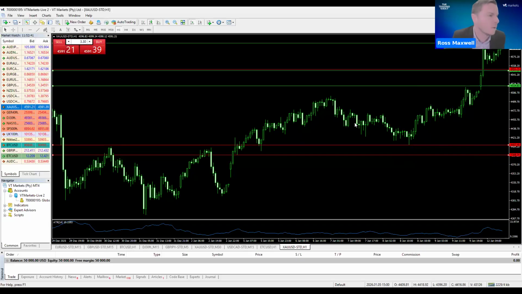I can't remember what it was on the 4 hour. It is in those sorts of areas. So that's one area. Again, this is unlikely to hit today. That's a big drop. So you can keep that on there as a potential level of interest over the coming sessions. That could hit end of the week, that could hit next week.